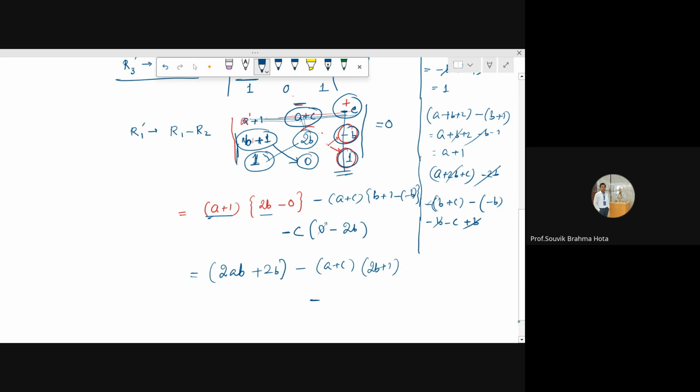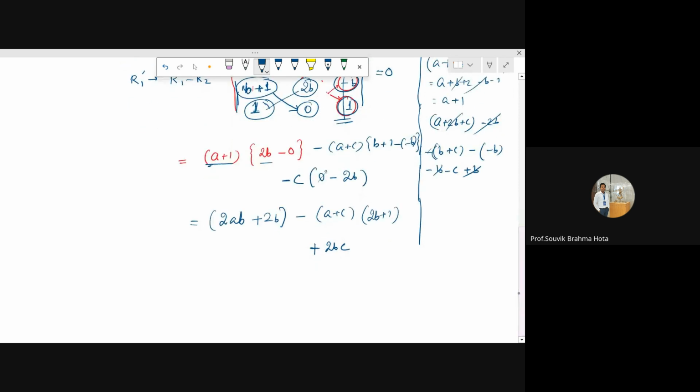So minus c into minus 2b is plus 2bc. Okay. So therefore 2ab plus 2b and minus a into 2b minus 2bc, and then minus a, then minus c into 2b minus 2bc.